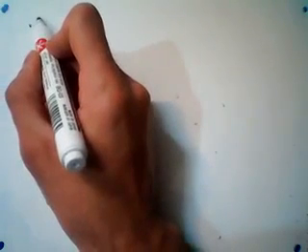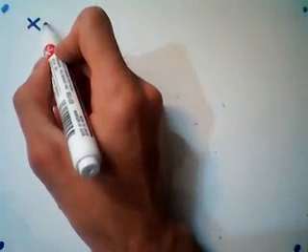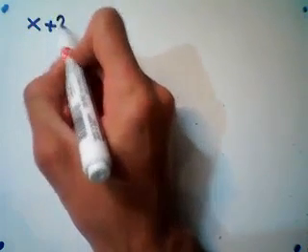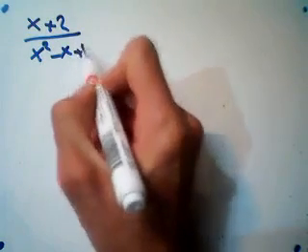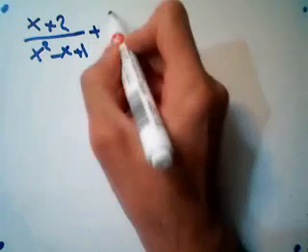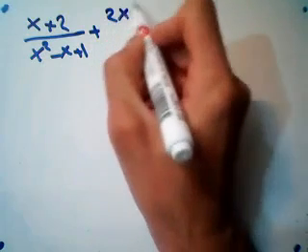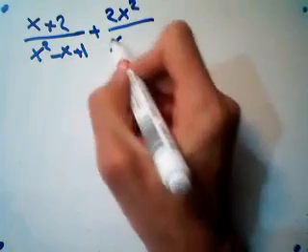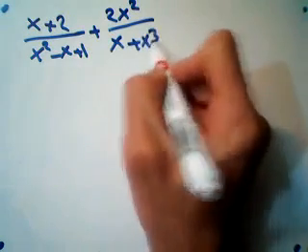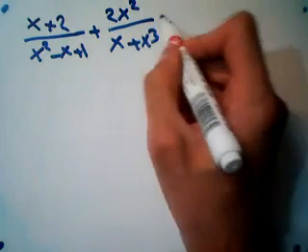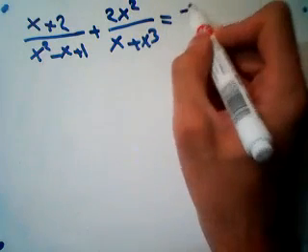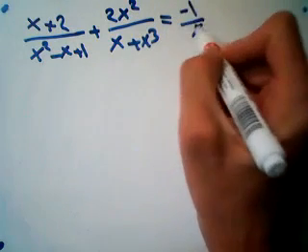For instance, suppose you need to solve such equation: x plus 2, x squared minus x plus 1 plus 2x squared over x plus x cubed equals to 1 over x minus 1 over x.